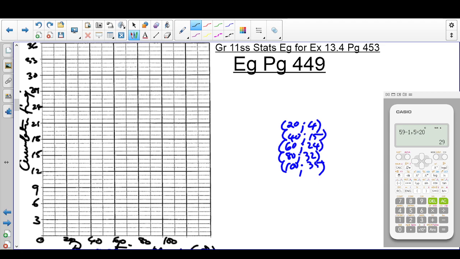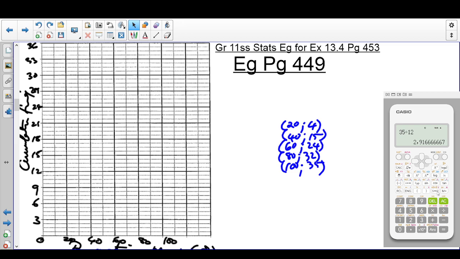Otherwise, we can do as we did in grade 10. To decide how big your graph is going to be, we take the maximum divided by the amount of slots or lines you have. As you can see, it's 1, 2, 3, 4, 5, 6, 7, 8, 9, 10, 11, so 12 lines, and then 35 divided by 12 gives us 2.9.